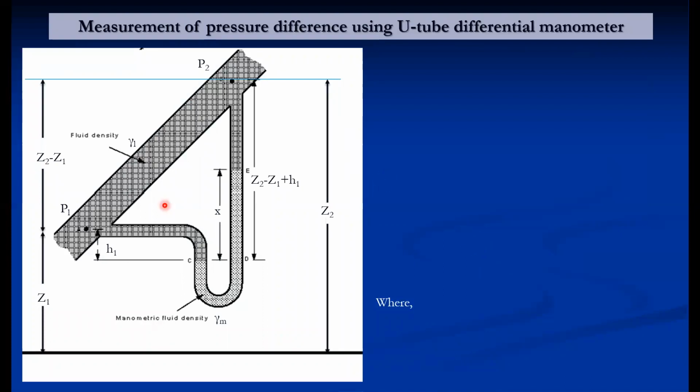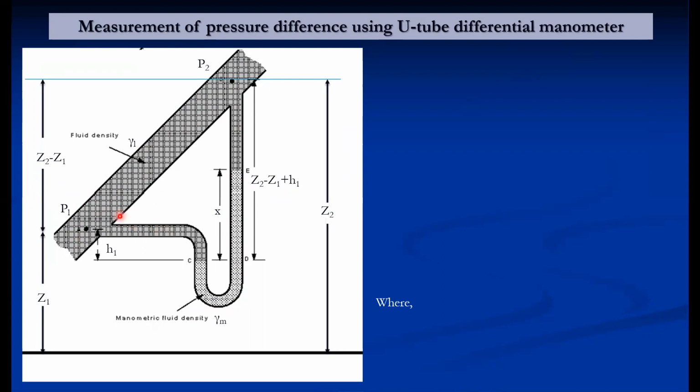Suppose this is a generalized pipeline, which we consider inclined, where the fluid is flowing through this pipe, and we have to measure the pressure difference between 2 points, point number 1 and point number 2. At point number 1 the pressure is P1, and at point number 2 the pressure is P2. These 2 points are connected to a U-tube differential manometer in order to measure the pressure difference.